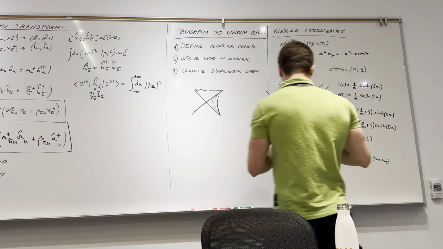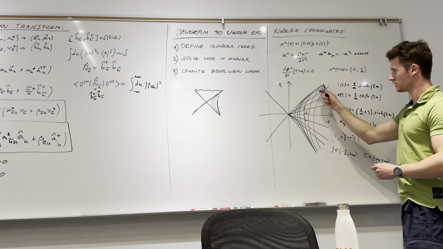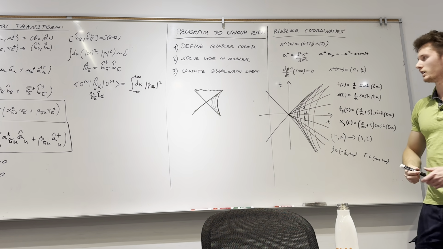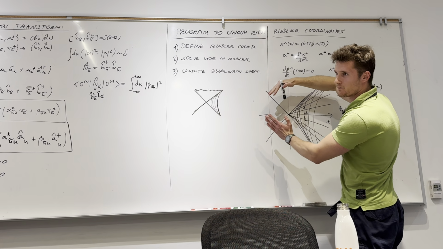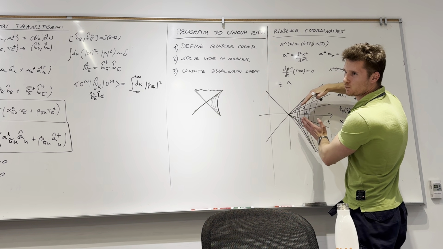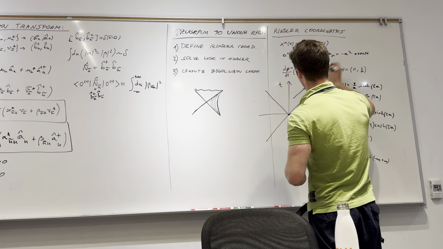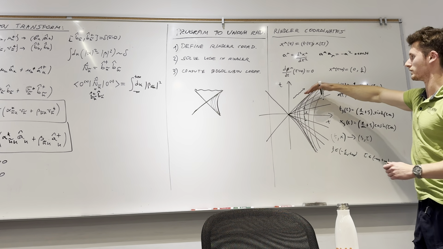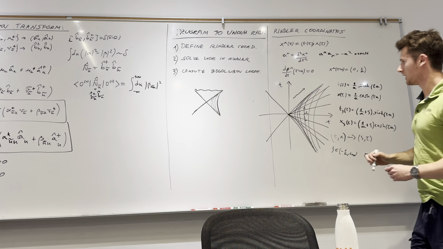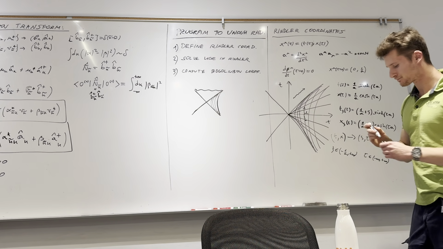This is not a coincidence, because this is also a horizon: this portion of spacetime is completely causally disconnected from whatever happens here. If I have a photon emitted here, it will go all the way to null infinity and will never enter this wedge. This is called the Rindler horizon.